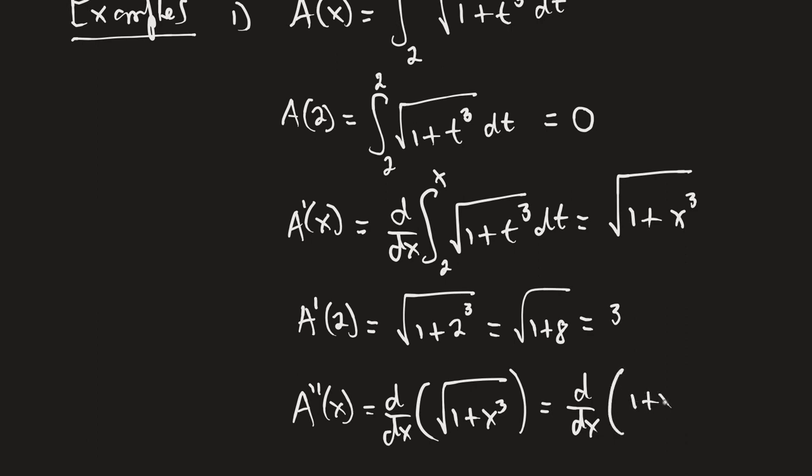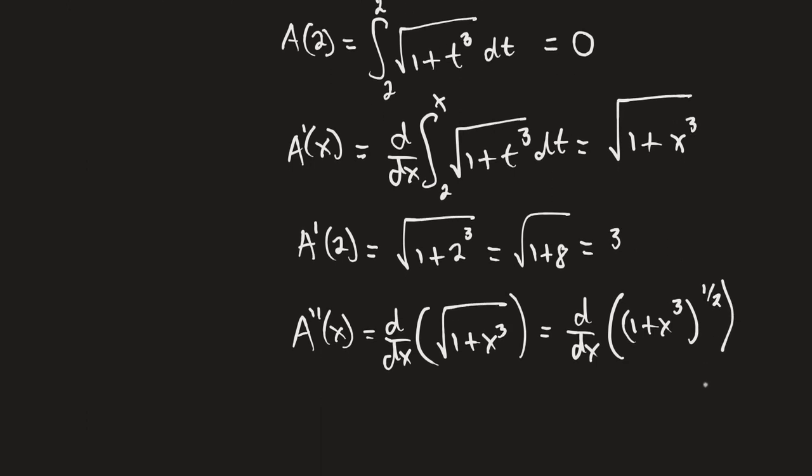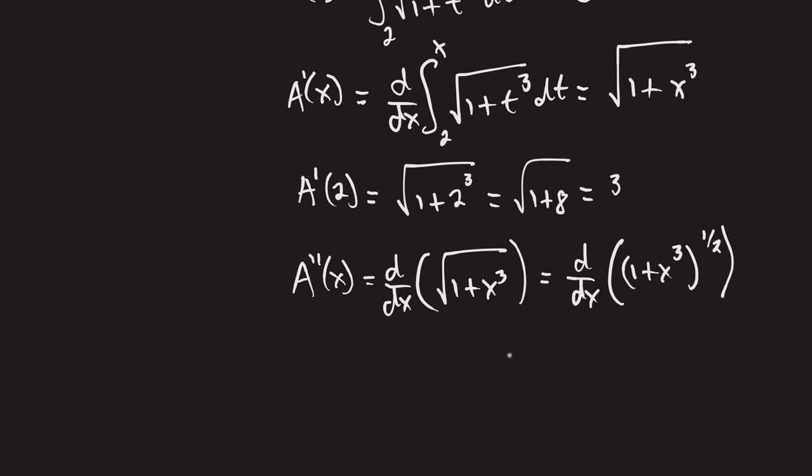So we have 1 plus x cubed all to the 1/2 power. Using our chain rule, that gives us 1/2 times the quantity 1 plus x cubed to the minus 1/2 times the derivative of the inner, which would be 3x squared.